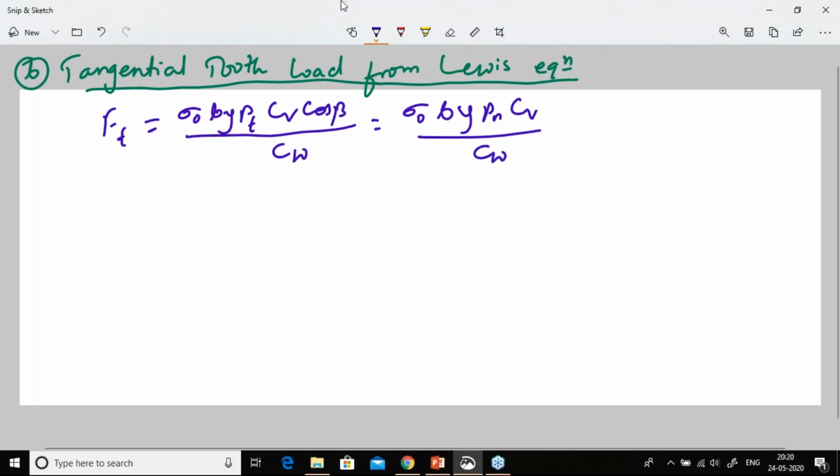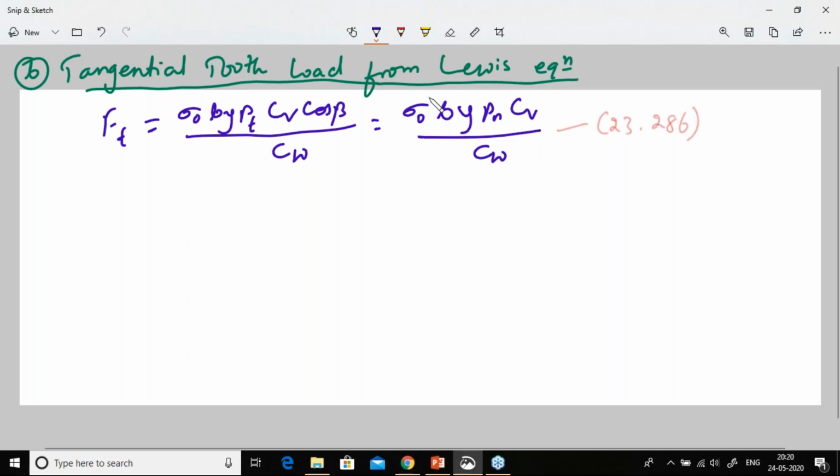Equation number 23.286. Sigma naught is the allowable static stress of the weaker member. Y is the Lewis form factor for the weaker member.